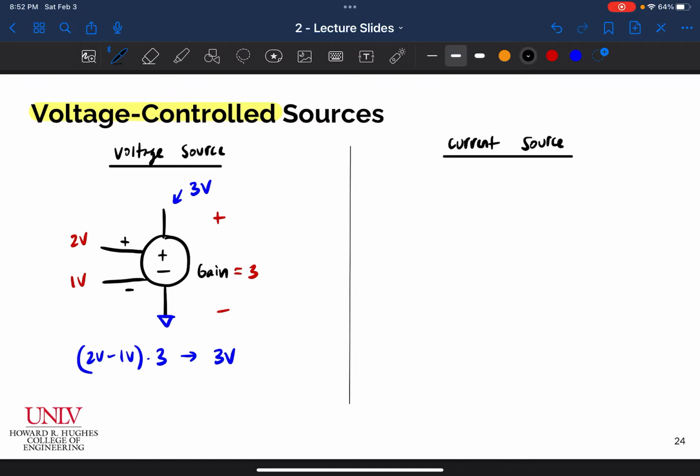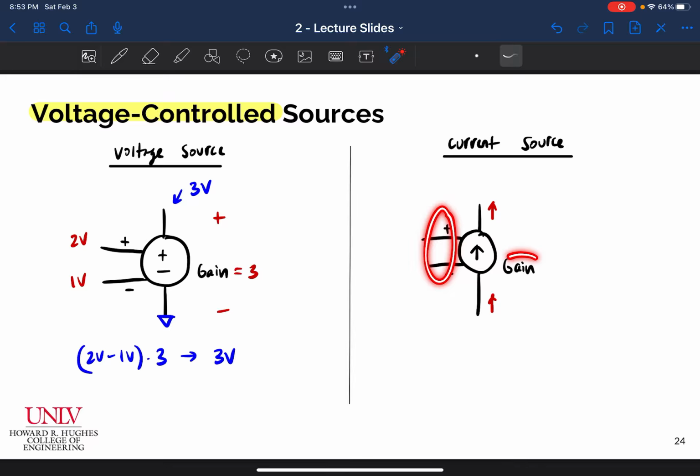Now let's look at the voltage controlled current source. I'm sure you know where I'm going with this. Let me go ahead and draw my voltage controlled current source. It looks just like a regular current source, except it has some inputs, a plus and a minus input, and it has a gain value. And again, it's going to have some current flowing through it, but it's going to depend on the inputs, and it's going to depend on the gain.